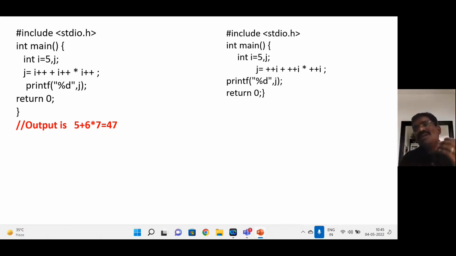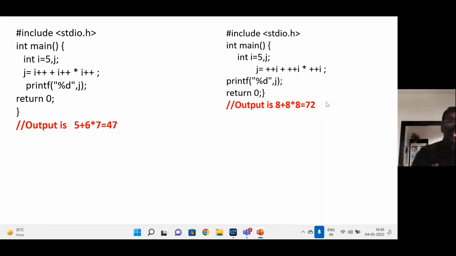What is the rule? When all the variables are pre-incremented and it is the same variable, it will take the initial value plus the total number of increments. So that is 5 plus 3, equal to 8. So then you get 8 plus 8 into 8, that is equal to 72.